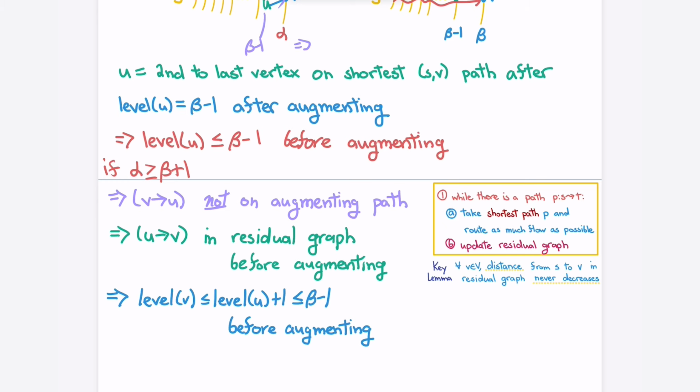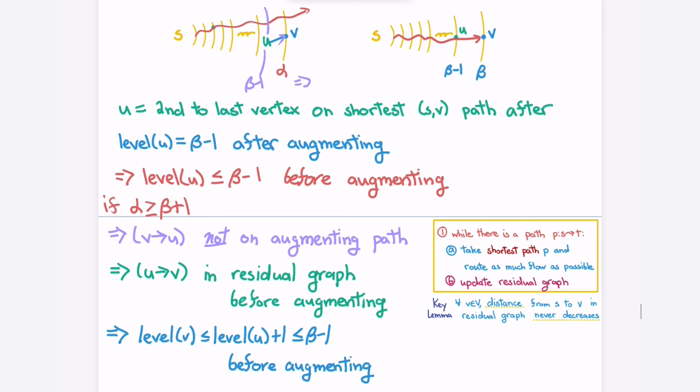So in the before graph, if v was actually further, I know that u is to the left of v before, closer to s.